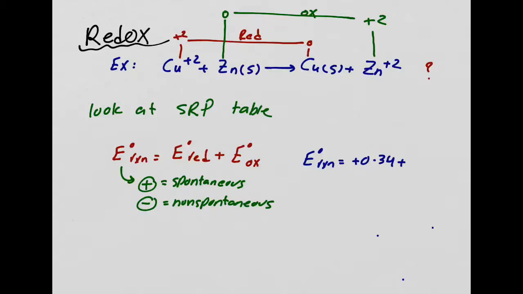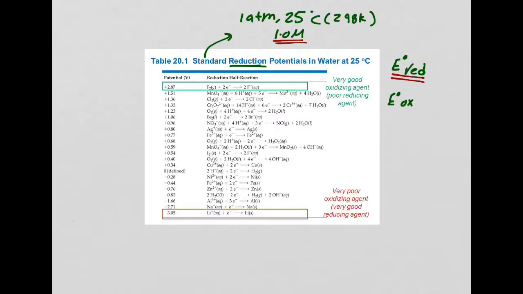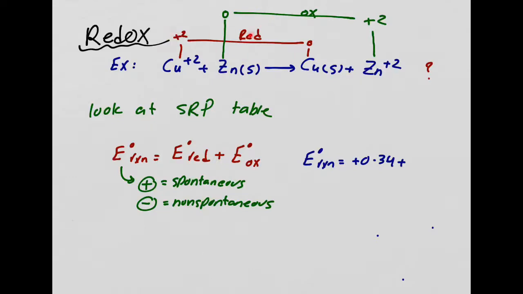Now, what is my oxidation? My oxidation is zinc going from 0 to +2. Where is zinc? I have zinc here, but remember, this is reduction. What I want is oxidation. So I would have to flip this, because zinc +2 going to zinc 0 is reduction, but what I have is oxidation.